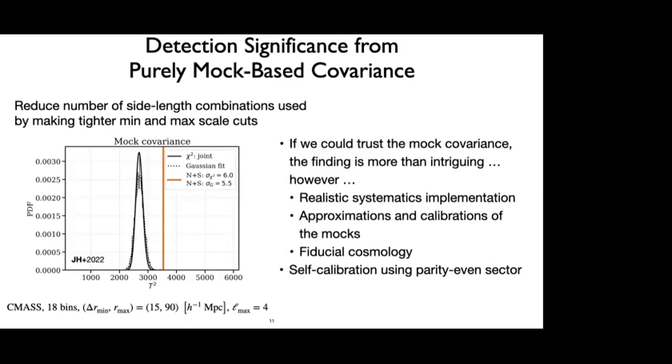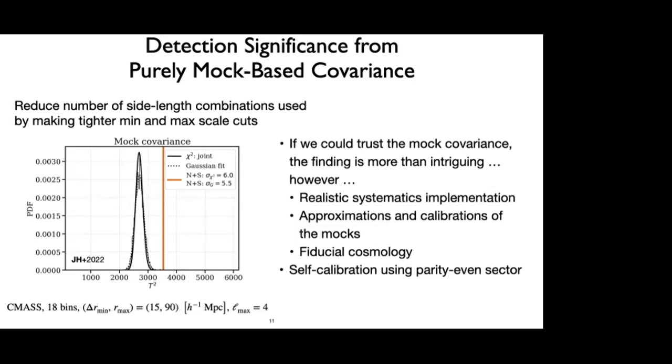In the left plot, we still see about a 5.5 sigma detection, and the empirical chi-square distribution matches very well with the expected one. This test does not involve any analytic covariance matrix, and this was about my previous statement about the concerns regarding the analytic covariance matrix and also the systematics. If we could have fully trusted the mock covariance, we could have probably celebrated a bit more.